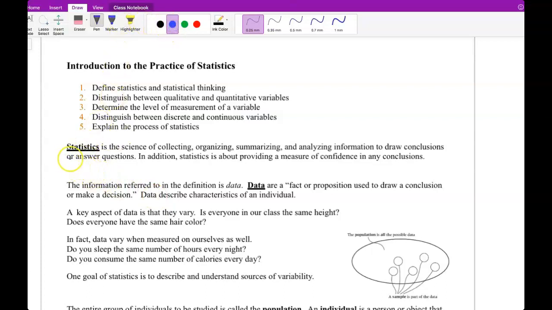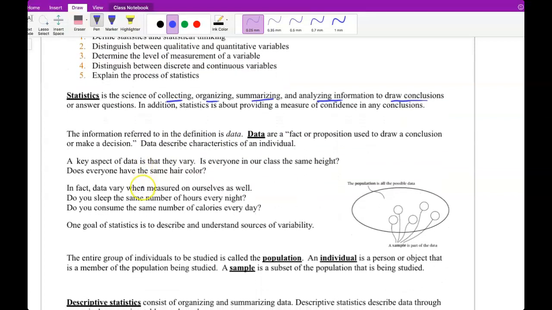Okay, on the first part we have a definition: statistics is the science of collecting, organizing, summarizing, and analyzing information. So we're going to have all these steps, and using these we can draw conclusions. The next one here is data or information.